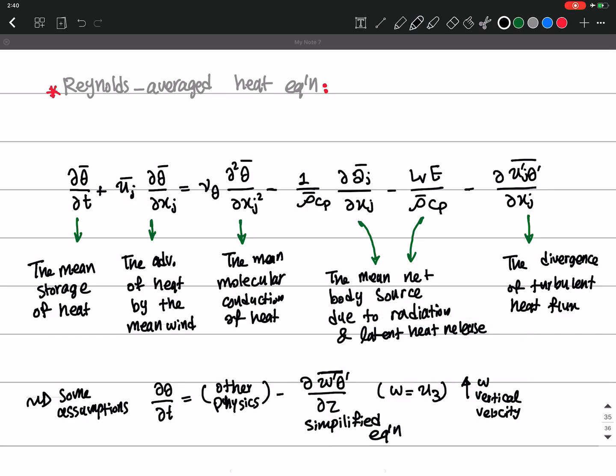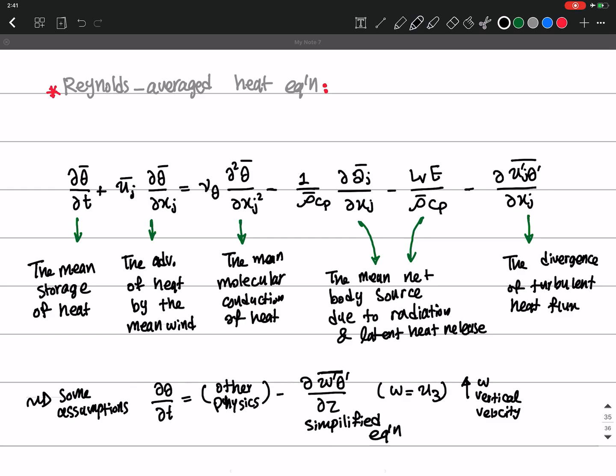This is a simplified equation or an estimation. If you assume you have no subsidence, where w bar is 0, and horizontal homogeneity, so all those horizontal terms, partial over partial x of everything with bar and partial over partial y of everything with bar, will become just 0. And then we also neglect these body source terms, which are other physics, then our equation will be simplified to this equation that we can use.